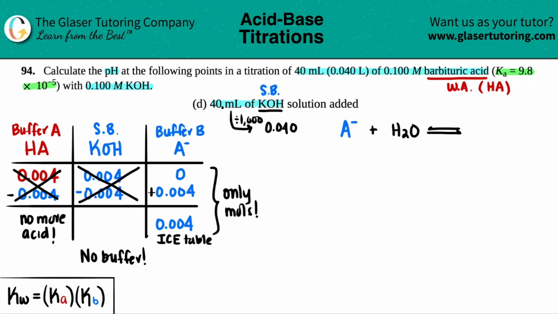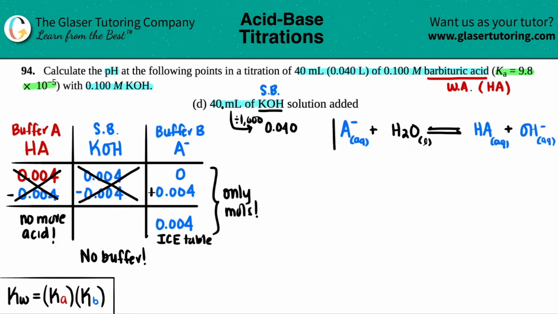This comes to equilibrium because this is a weak base, and the base will turn into the acid, plus OH minus, right? Anything that is charged is always aqueous, and since HA is a weak acid, that's also aqueous. Remember, water is always a liquid, which never counts for the ice chart.